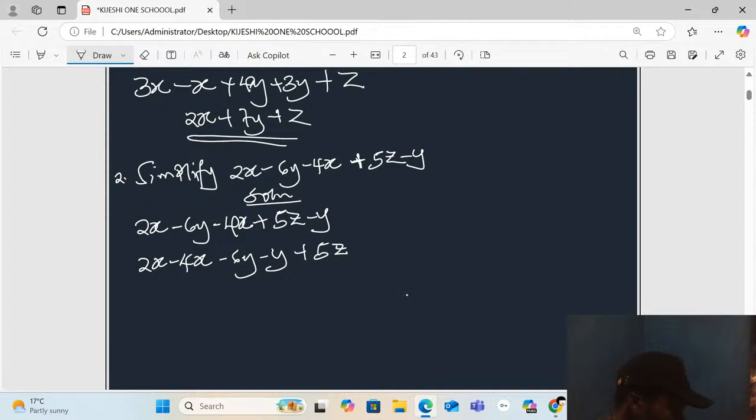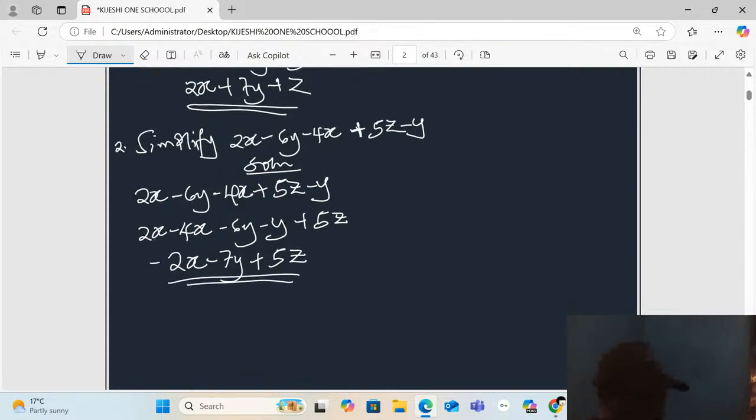So 2x minus 4x, we have negative 2x. Then negative 6y minus y, we have negative 7y. That is minus 7y plus 5z. That is how that one is worked out.